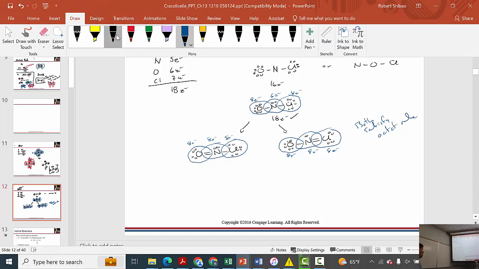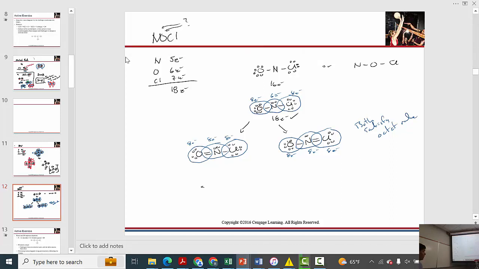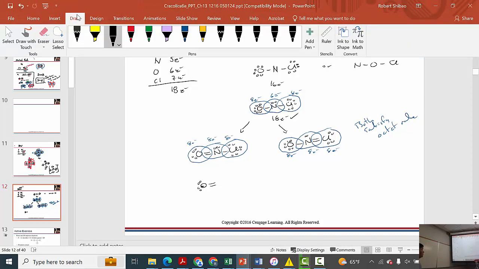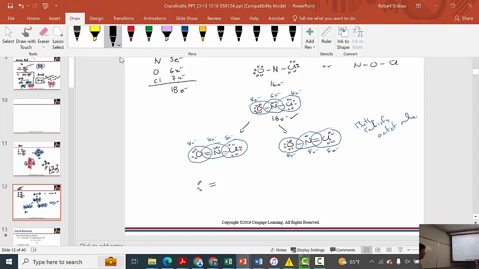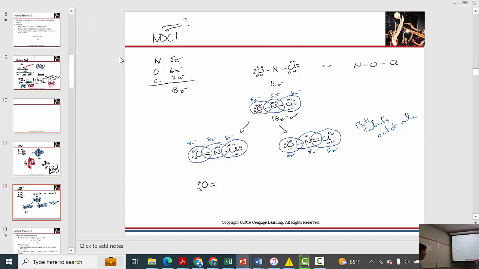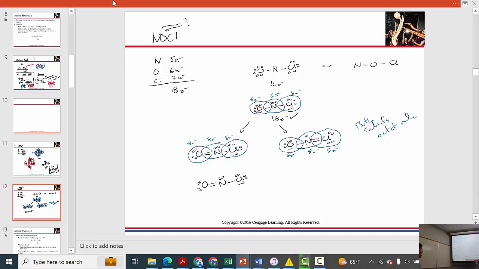And the reason is because the left one, we look at the formal charges, and let's take a look at oxygen, for example. And count the formal charges.